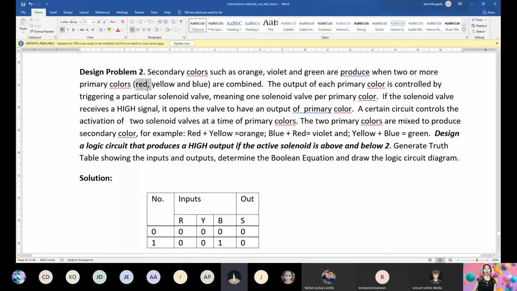We have one reservoir for red, one reservoir for yellow, and one reservoir for blue. Tatlong primary colors. Sabi dito, the output of each primary color is controlled by triggering a particular solenoid valve, meaning one solenoid valve per primary color. So, meaning how many solenoid valves?